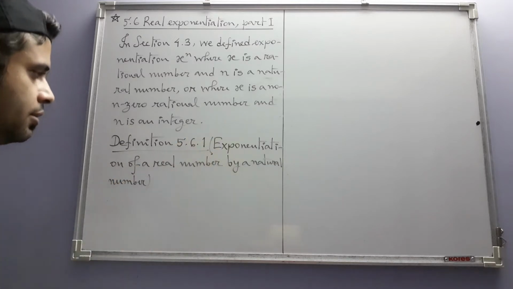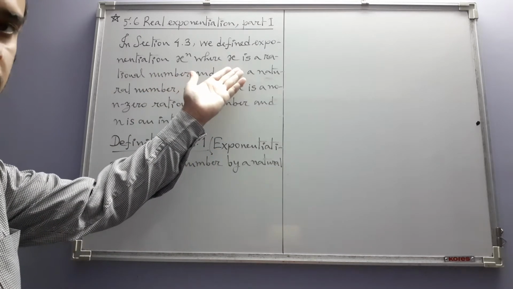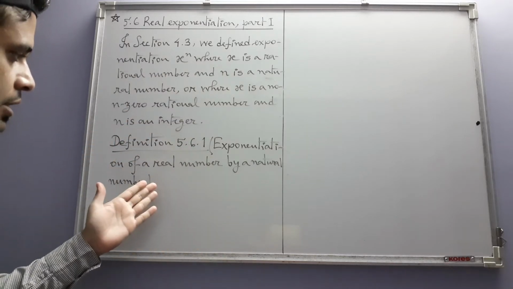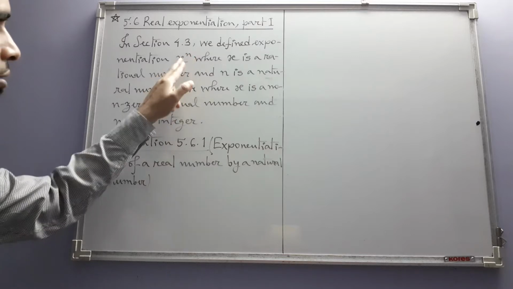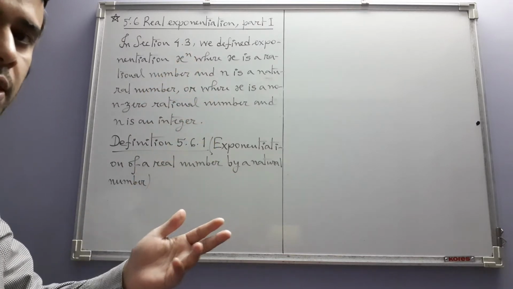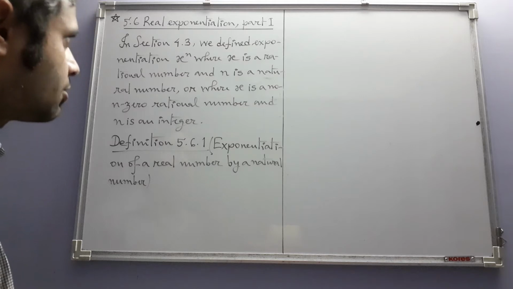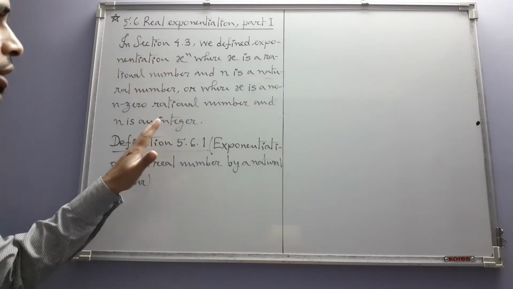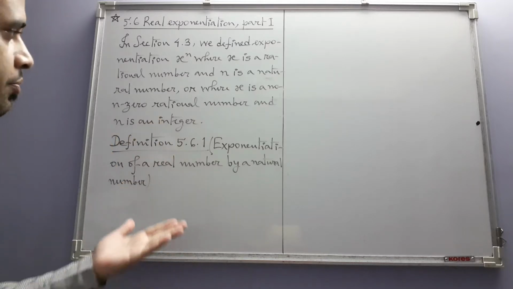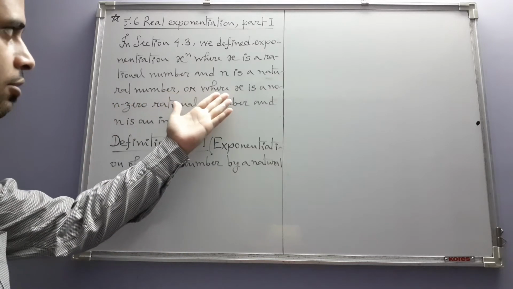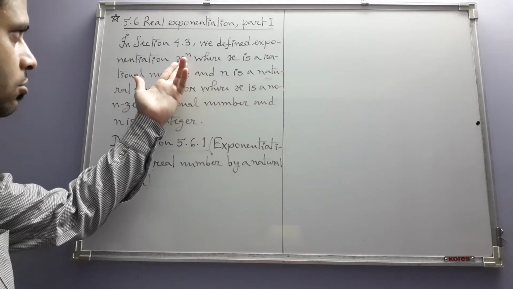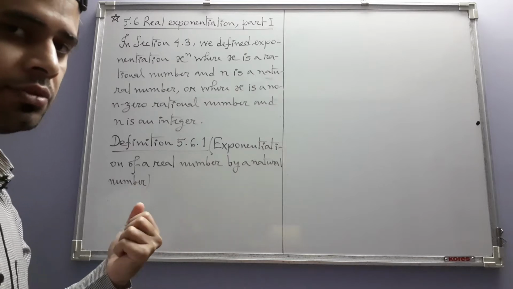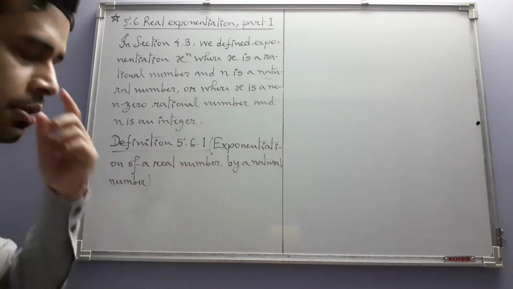Just like what we did in the case where x was rational, here also there will be two definitions. First, we are going to define x to the power n, where x is any real number and n is a natural number, and then we are going to define that same x to the power n, where x is a non-zero real number and n is any integer. There also we needed the non-zeroness of x to define x to the power n properly when n is a negative integer. Here also the pattern will be the same.